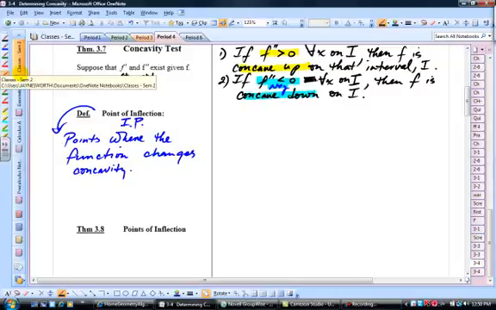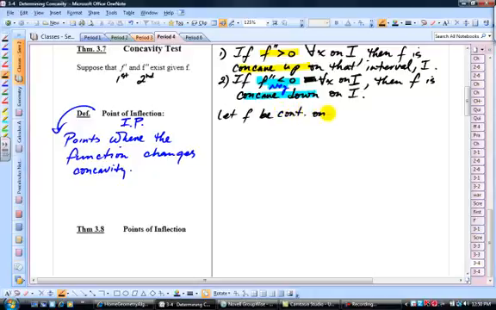What I need to say first is that f has to be continuous on the open interval. So let's let f be continuous on an open interval from a to b, and let c be an inflection point, IP, inside the open interval from a to b.